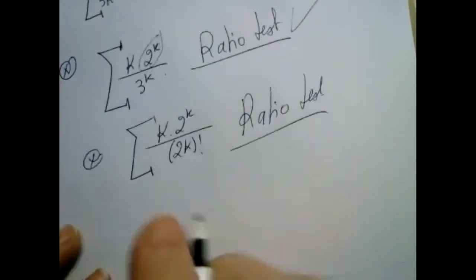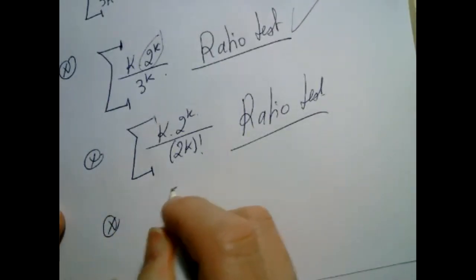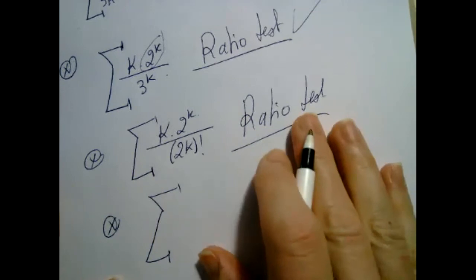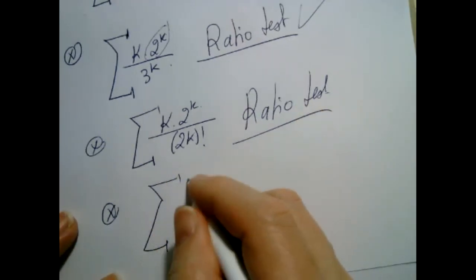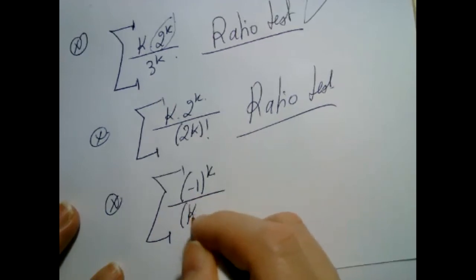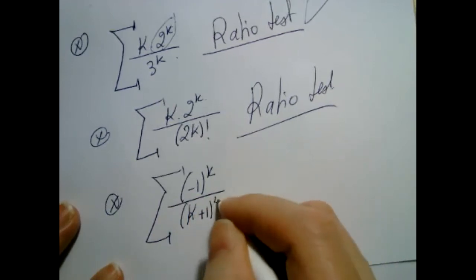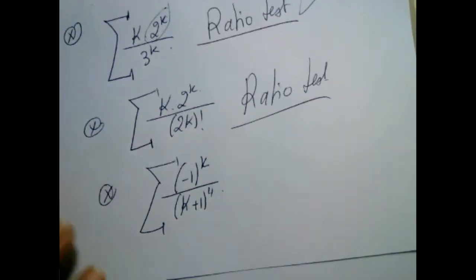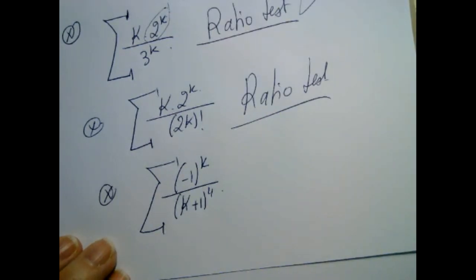All right. One more example. Suppose I give you the following: negative 1 to the k over k plus 1 to the power 4. Which test?